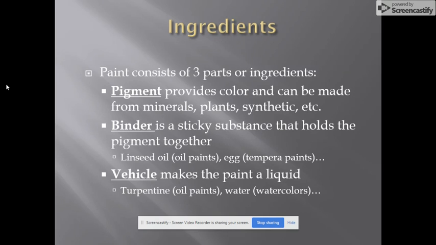As far as tools and techniques, what is going to predict the process of painting basically boils down to the science behind it. If it is paint that's water based, of course, that's going to predict a lot about the painting techniques and tools that you're going to use.